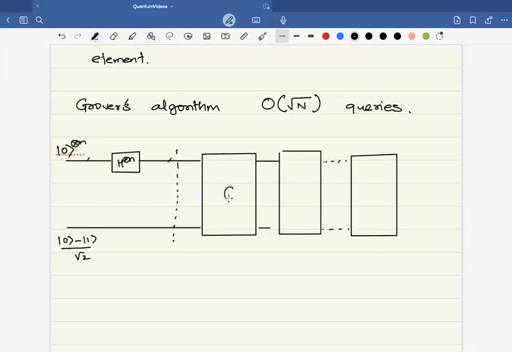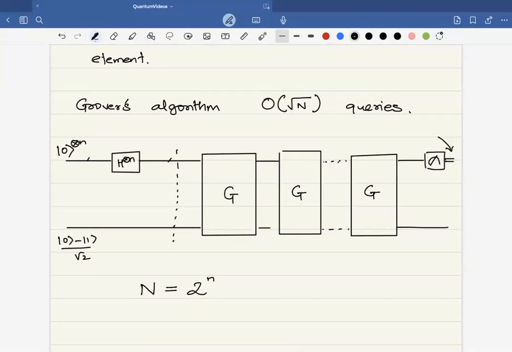These are the same operators, G. So several applications of them. And then finally, you have a measurement of the top set of qubits. And you should get the answer at the end of this measurement. So now the number of elements in our list or database is n, and it is related to the number of qubits is 2 to the power n.